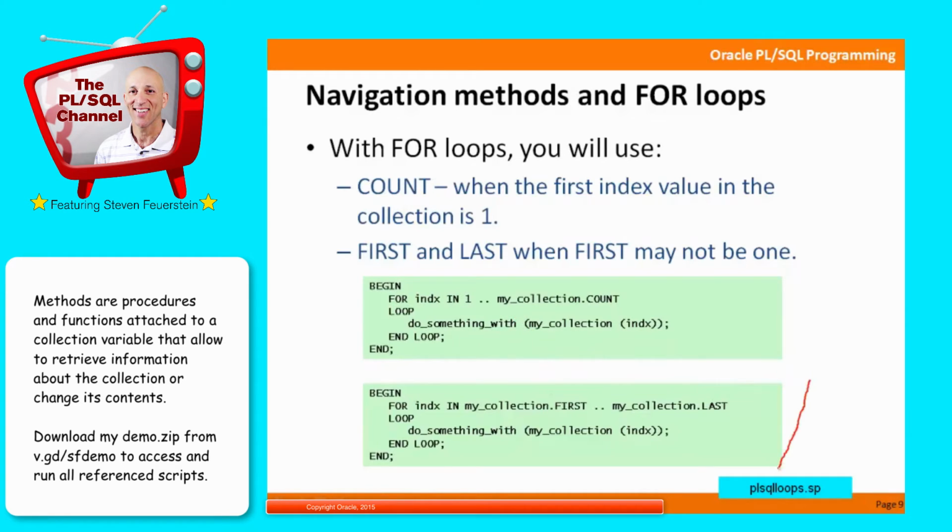Notice the reference to the PL/SQL loop script. What I'm going to do is walk through the different kinds of navigation. Then we'll take a look at this file and explore the different approaches. So again, with sequentially or densely filled collections, you can use a for loop as long as you don't have conditional exits. Just go through every element in my collection. And the only question is whether you want to use 1 to the count or first to last.